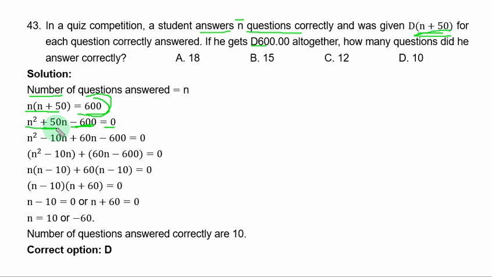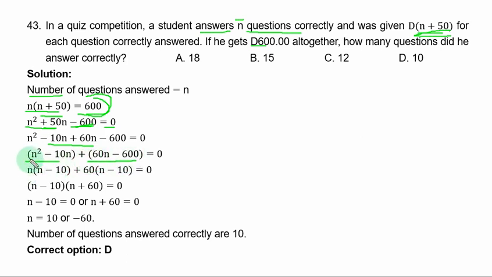That must be minus 10 and plus 60. You express the sum of the factors in terms of n to replace the middle term in this form. The purpose is to have 4 terms so that you factorize by grouping: the first 2 terms first group, the last 2 terms second group.